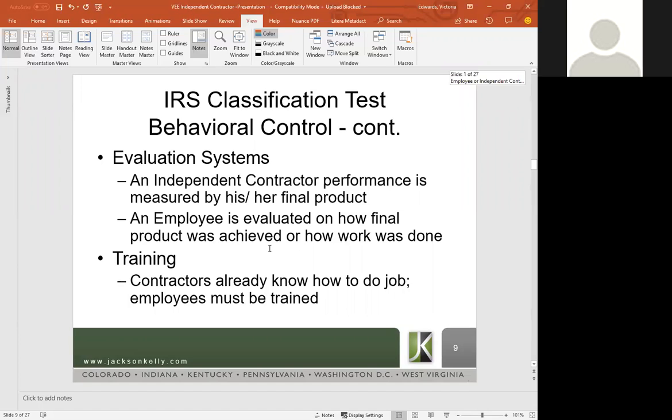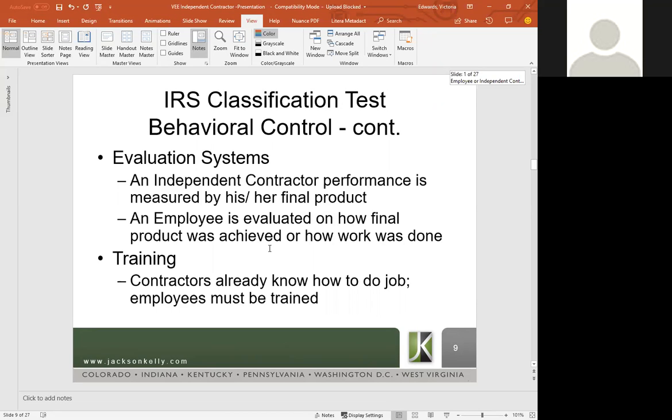And this is the product that we're expecting. That's going to be a different contract than an employee contract, where employees are typically graded and looked at based on performance, on how they achieved their work efficiently or under budget. Those types of performance markers are going to be considered employee status.